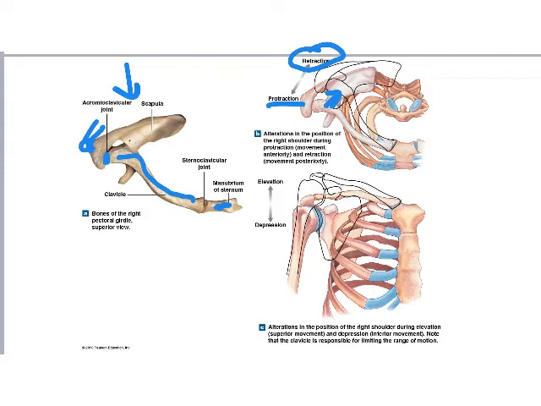Or you could have depression, where you pull your shoulders down at your side. So elevation and depression would be the superior to inferior movement, and protraction and retraction would be the anterior, posterior movement. Make sure you're comfortable with those terms.